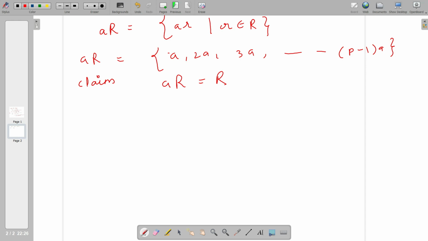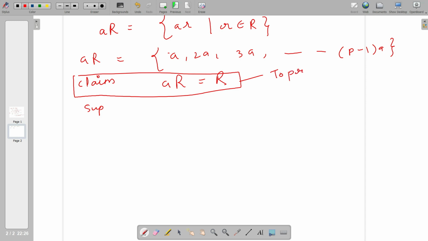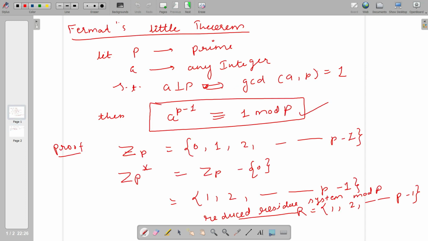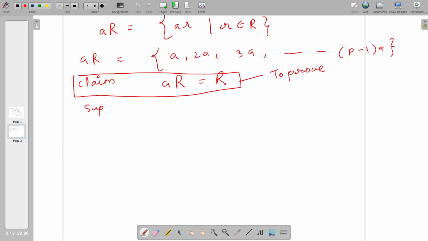This is our claim, which as of now we want to prove. Once we are able to prove this, we will be able to prove the statement of Fermat's little theorem also.